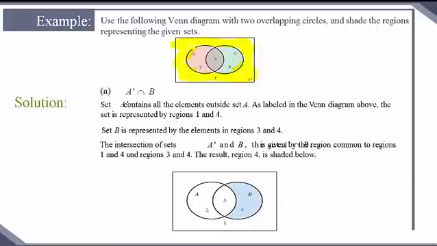Everything out here is the complement of A, including this stuff that's in B because it just can't be in A. All right, so all that yellow stuff is the complement of A. And then B, of course, is all of this stuff. And they want the complement of A intersected with B.